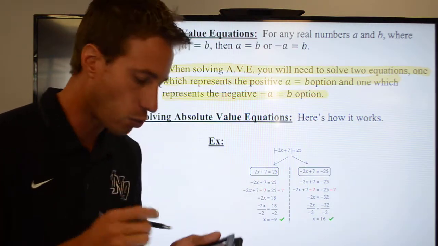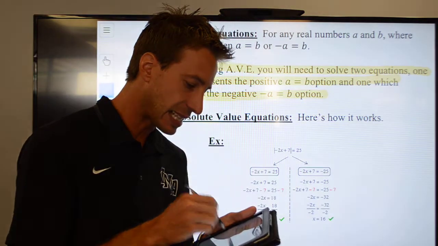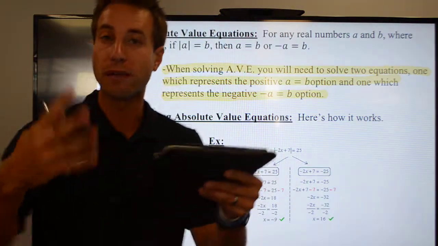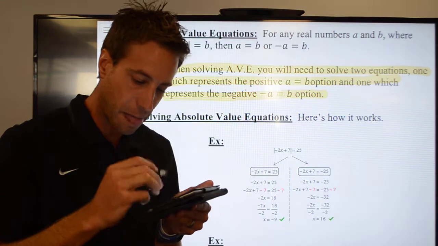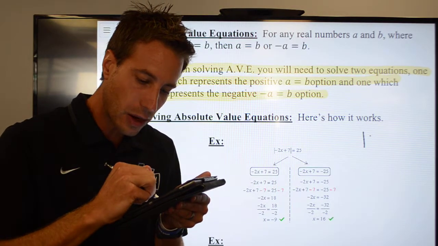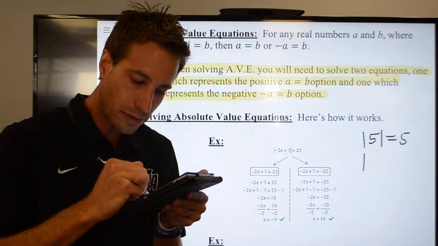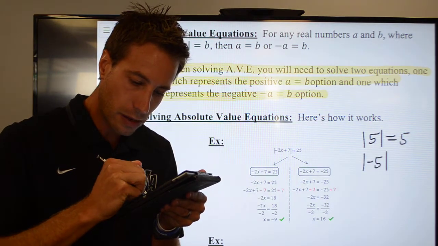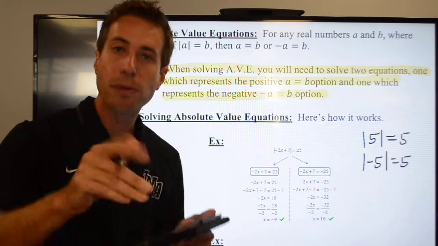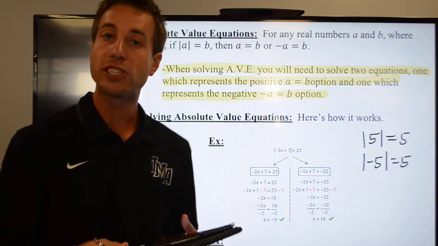And let me remind you what we said. I did the example with positive 5 and negative 5. I said that the absolute value of a positive 5 is 5, and the absolute value of a negative 5 is 5. And the problem that this gives us is when we solve an equation.